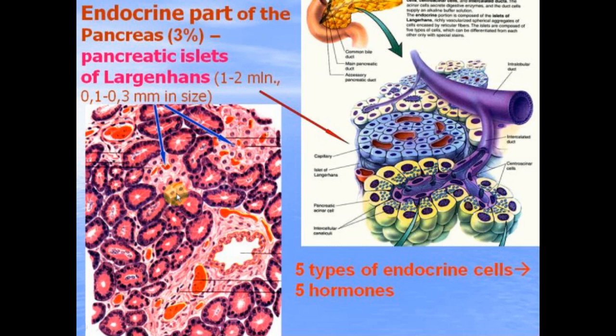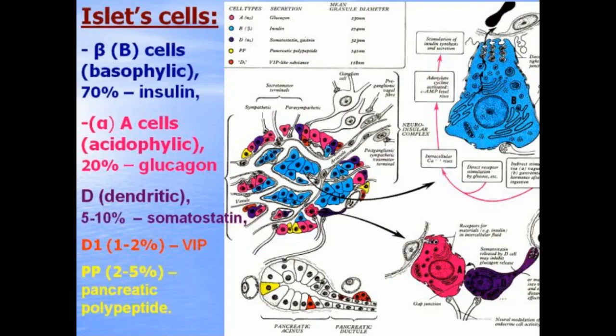Their size is between 0.1 and 0.3 millimeters. Their cells are much lighter and are divided into five types of endocrine cells, which produce five main hormones. This is an islet of Langerhans.